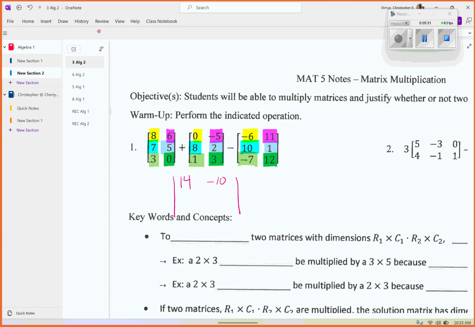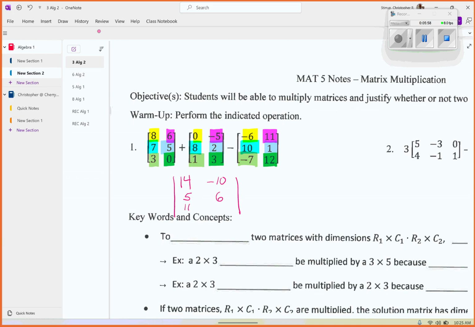Okay, go to the aqua color. 7 plus 8 is 15. 15 minus 10. 5. 5 plus 2. 7. 7 minus 1. 3 plus 1. 4. 4 minus 7 is 4 plus 7, so that's 11.